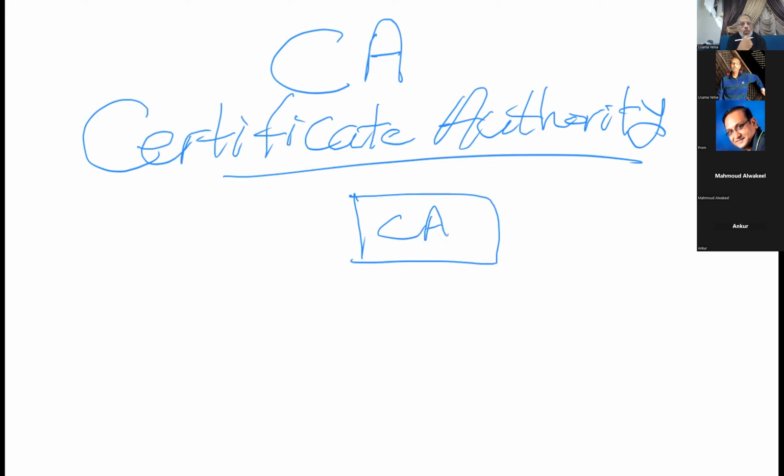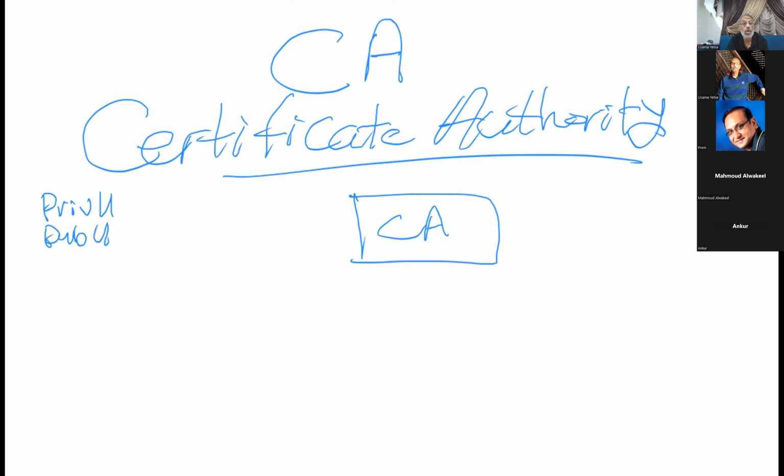I want to create a public and private key for myself. I will send it to this CA and tell them, please, I want you to give me a certificate to say that this is for Osama.